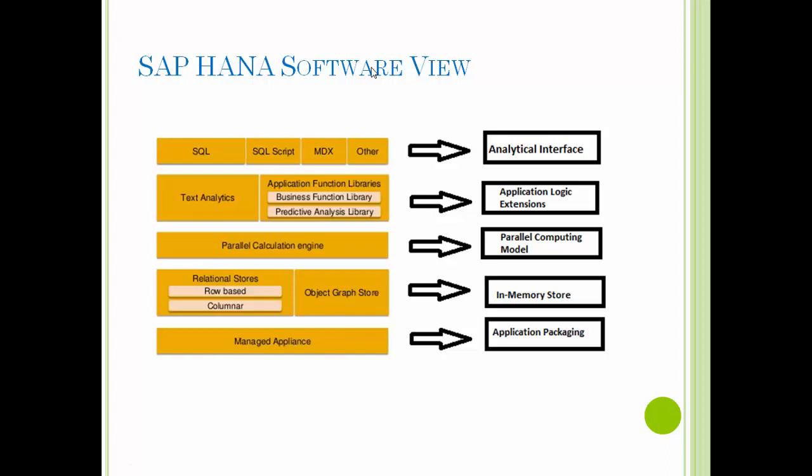Disk store is basically the tracing data or old data that are not needed in memory anymore. And coming to object store, it is an integration of SAP liveCache technology into the SAP HANA database for running liveCache applications.